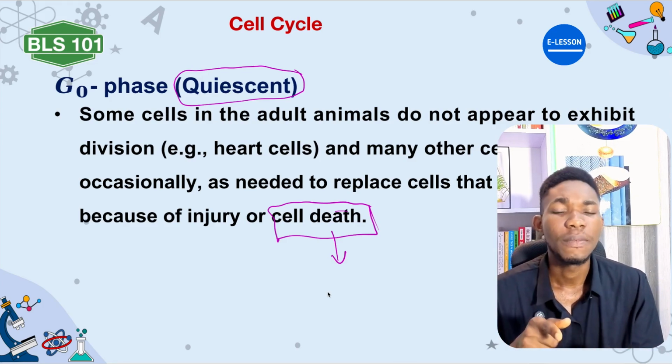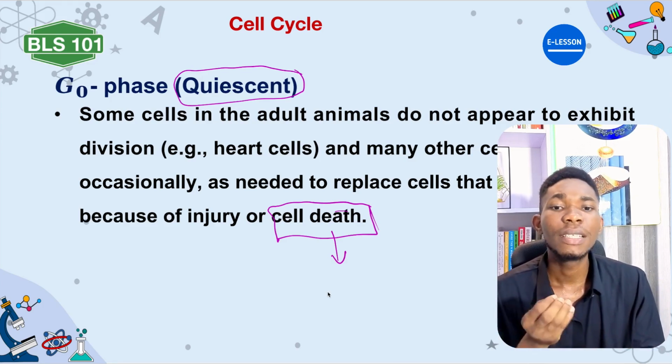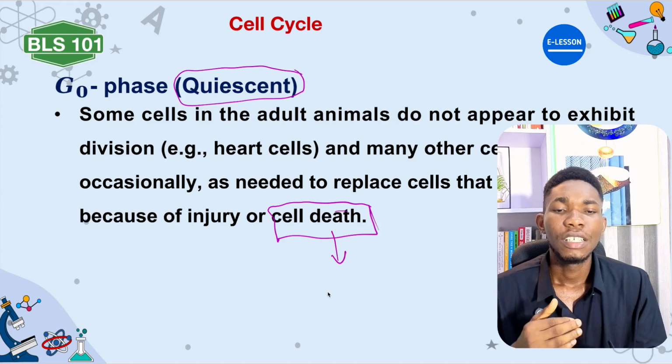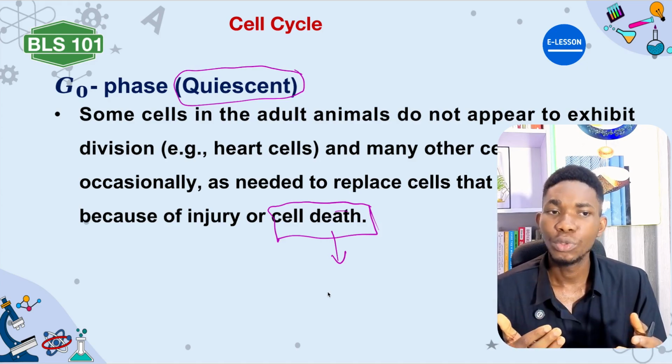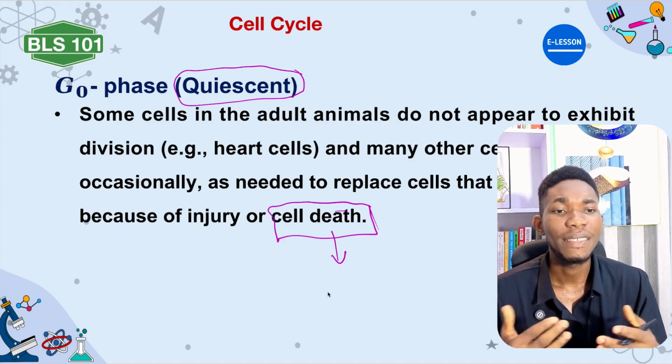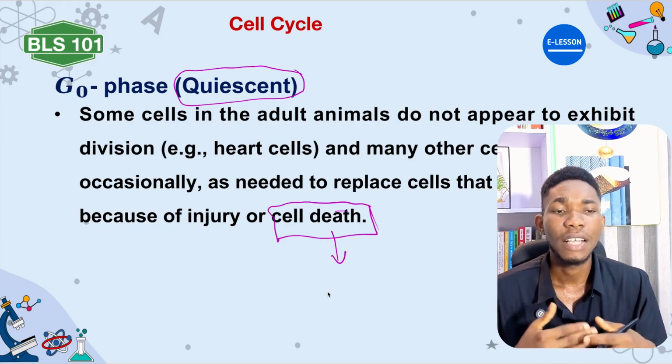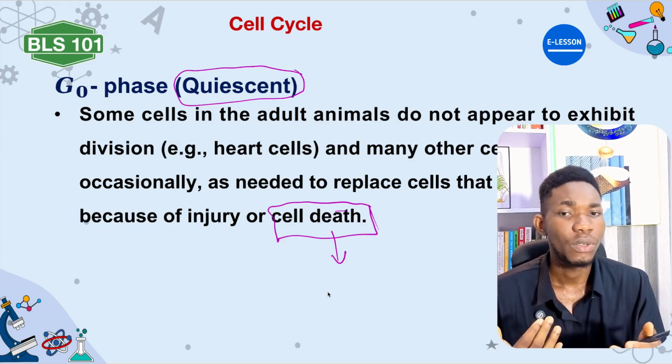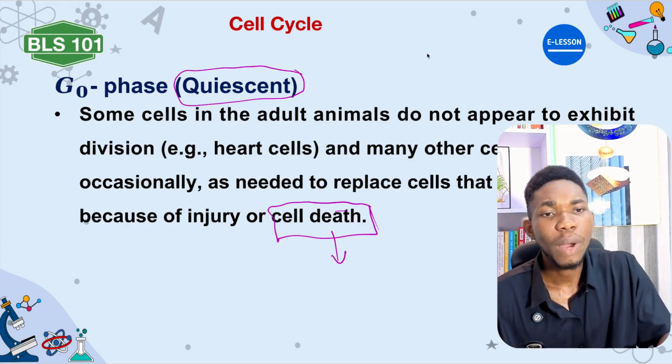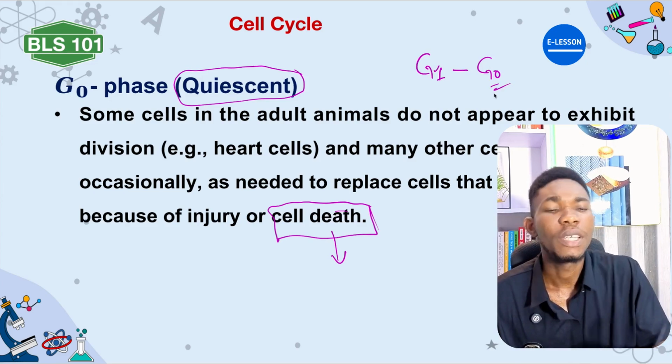Now, the G0 phase, let me explain again. In this phase, the cells do not actually exhibit division. So once it leaves the G1 phase, it goes straight into the G0 phase.